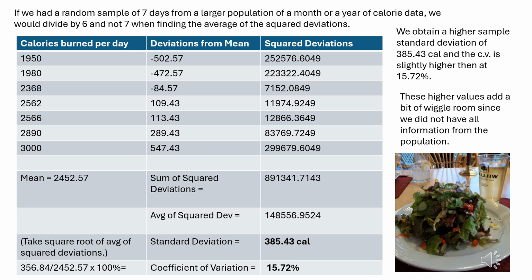If you compare that with the mean and get a coefficient of variation, notice it's now 15.72%, a little bit higher than 14.55%. So again, with data that you're viewing as a sample from a larger population, you build in a little extra wiggle room and make your standard deviation larger by dividing by n minus 1 instead of n.